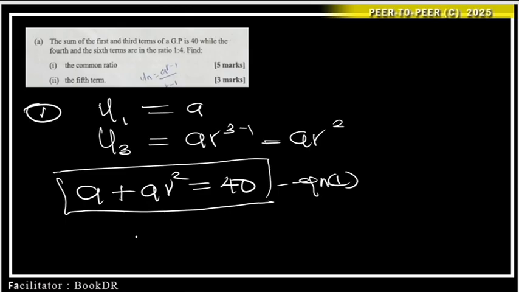Now, the next information is that the fourth and the sixth terms are in the ratio 1:4. The fourth term, u4, can be expressed as ar cubed, and u6 can be expressed as ar raised to the power 5.